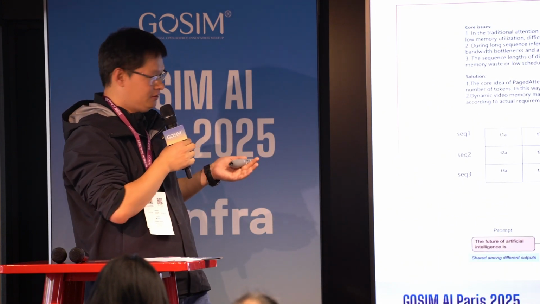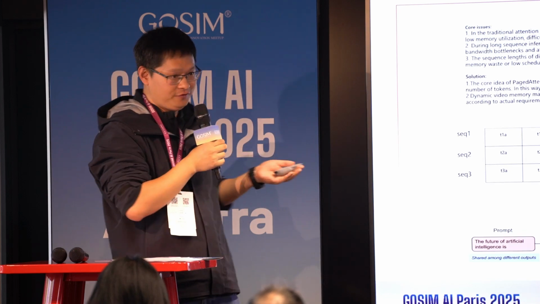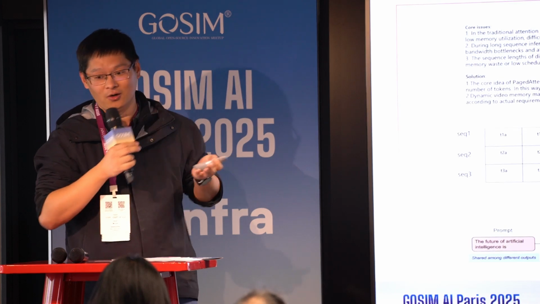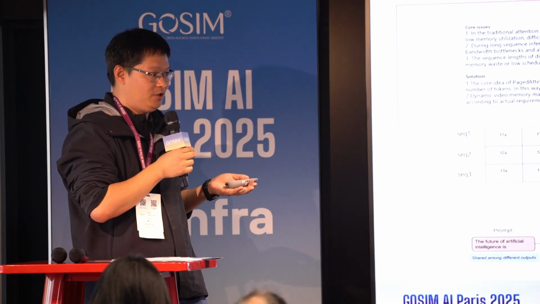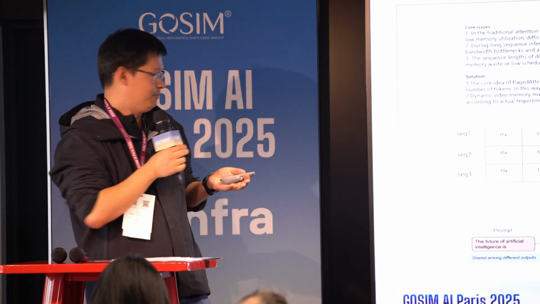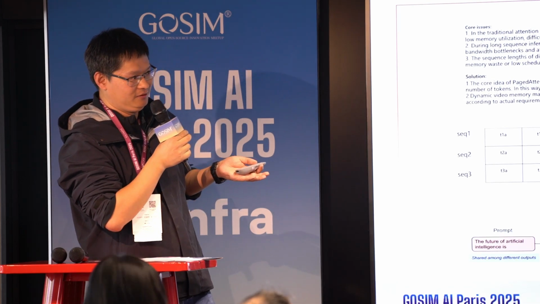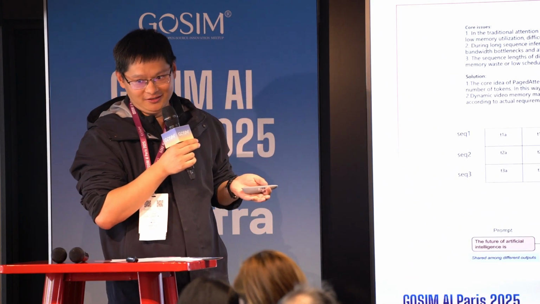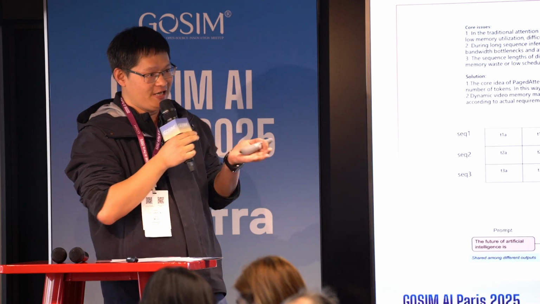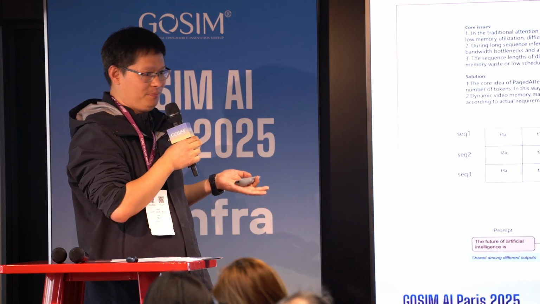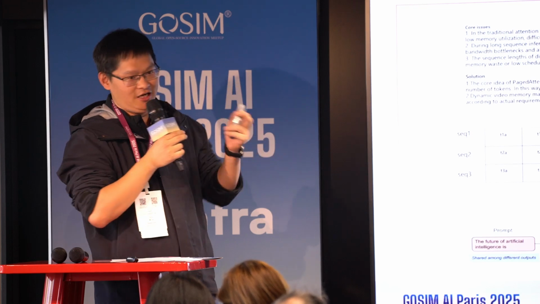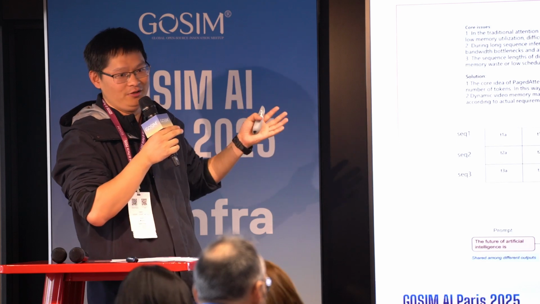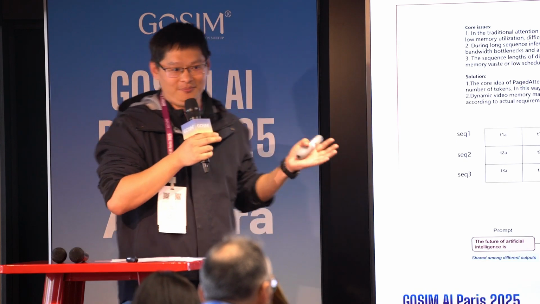And another case is that if two people input the same words, the cache can be reused. For example, they both ask the question "why," and then the KV cache for this input can be cached in just one place to save memory. This is a brief introduction to page attention.